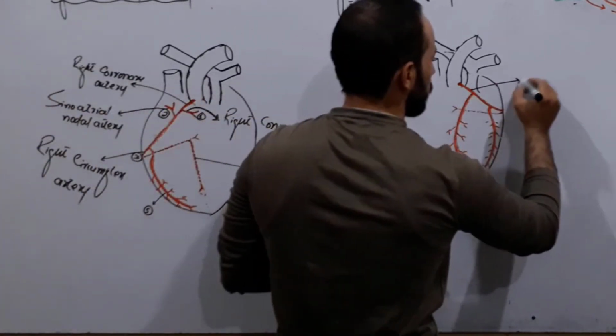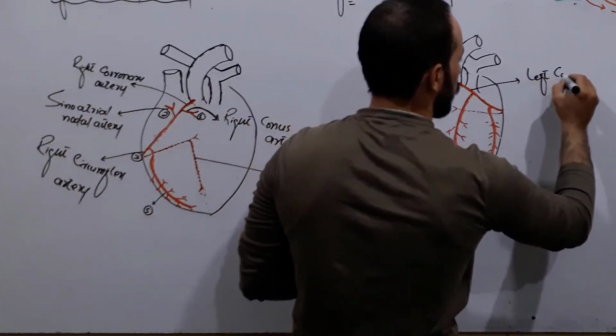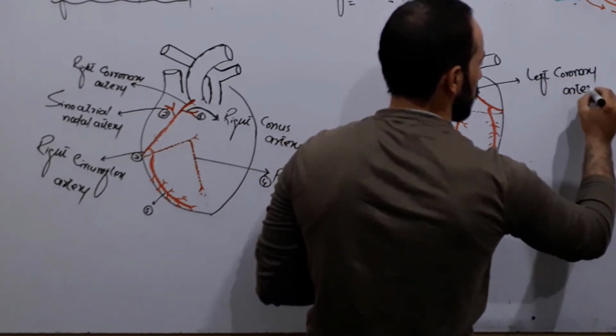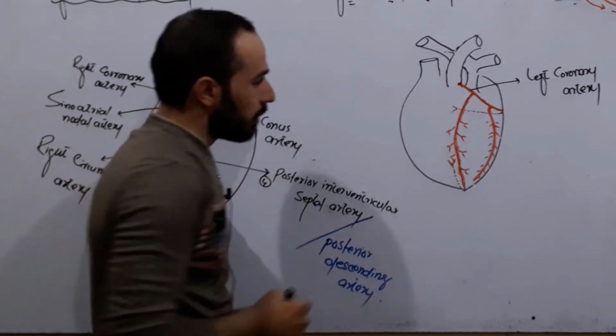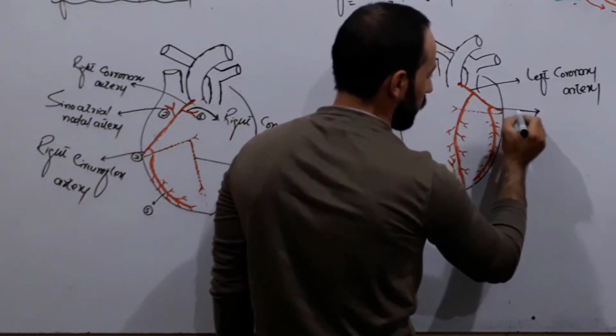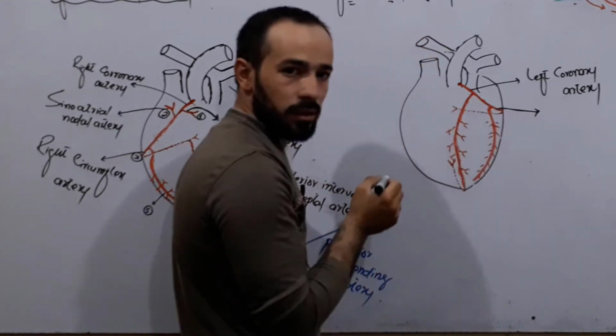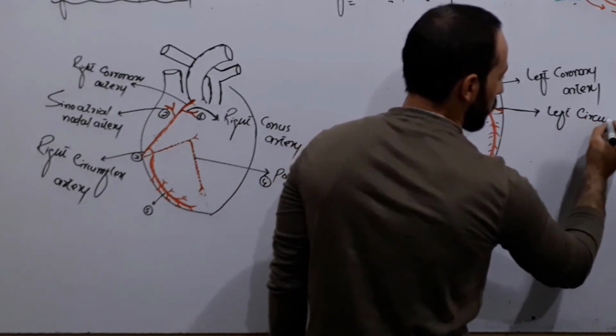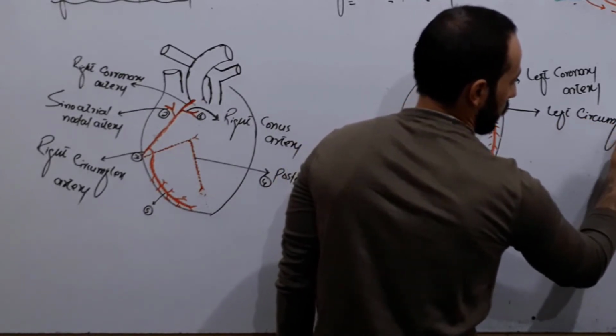This is our left coronary artery. Clear? This left coronary artery gives off a branch, and this branch turns back. This is called the left circumflex artery.